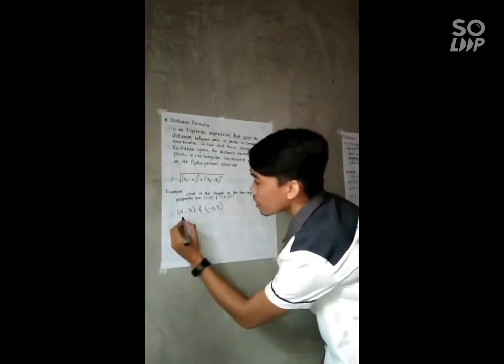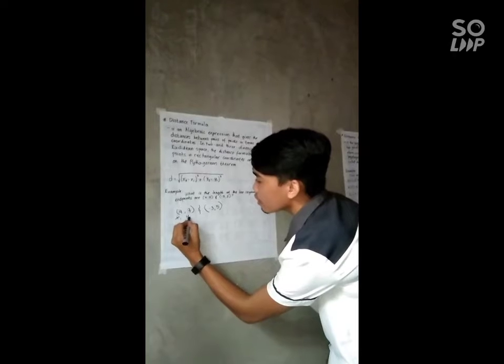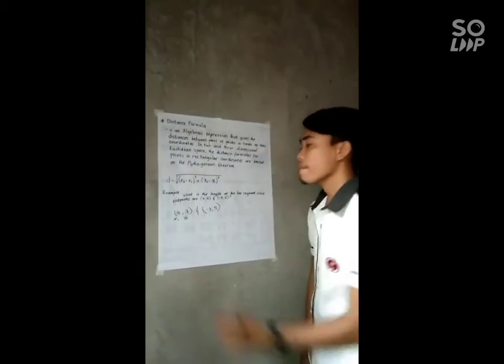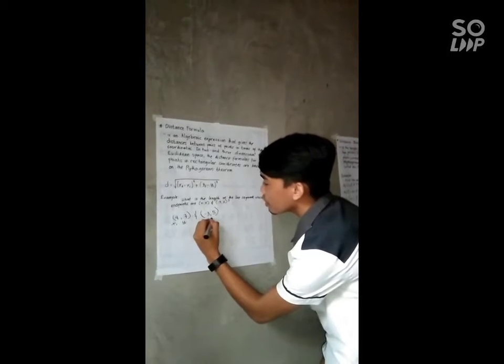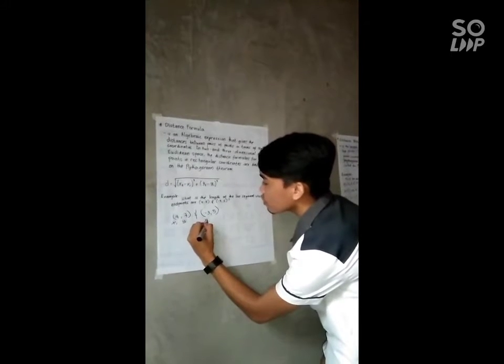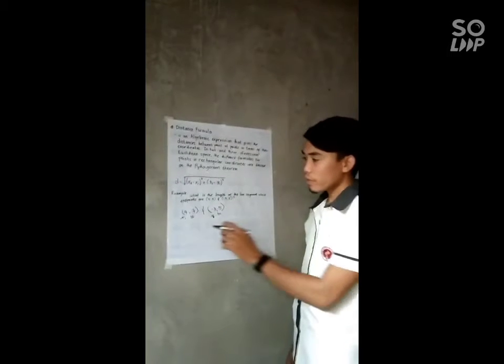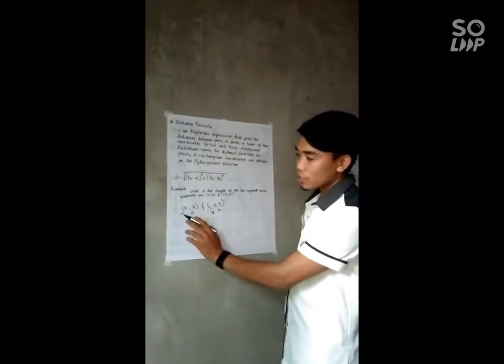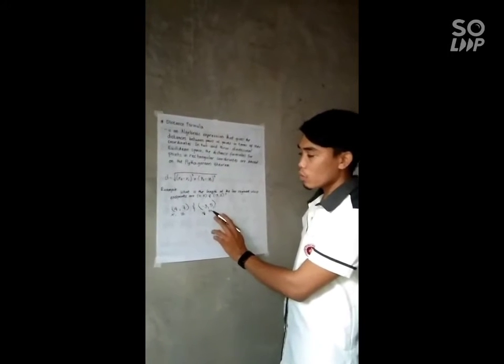First we label x sub 1, y sub 1, and x2, y2. The first point is x1, y1, and the second is x2, y2.